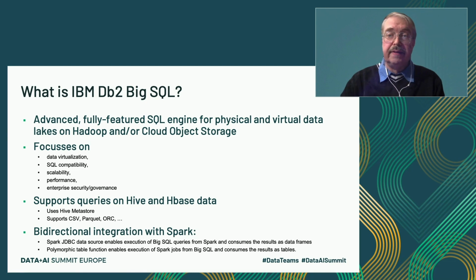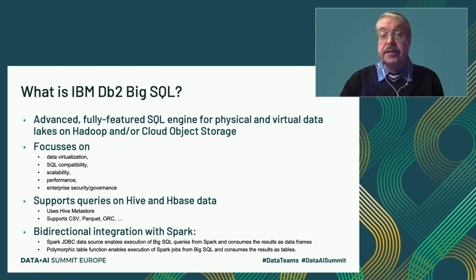And another specialty of Big SQL is the data virtualization, which it offers. This means that you have the possibility to access data in a lot of different data stores outside of Big SQL and also present them like tables, and of course to join these remote tables with something like your polymorphic table functions.